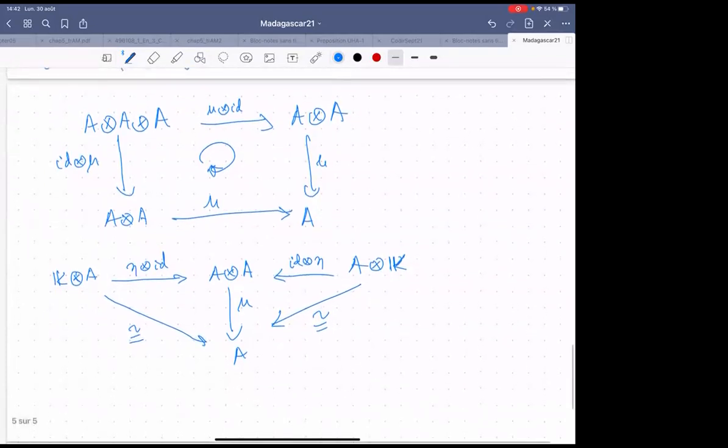And then the commutativity of these two diagrams expresses the existence of the unit. Okay.